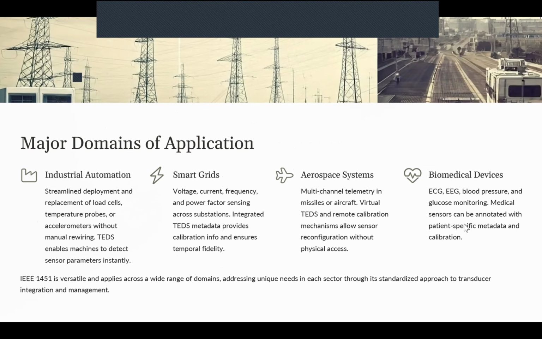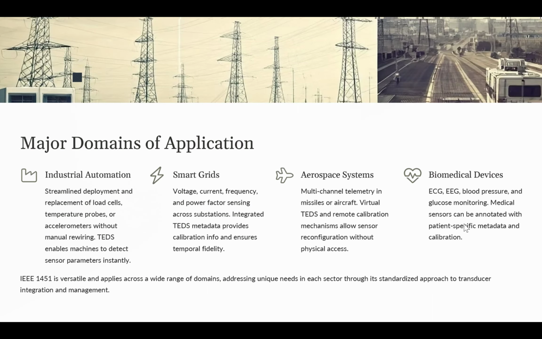Now, there are several major application domains for this standard. One is industrial automation, when we talk about Industry 4.0. In that area, IEEE 1451 gives us quick and error-free replacement of sensors like load cells, temperature probes, or accelerometers, by allowing the machines and transducers to instantly read sensor parameters through the TEDs.